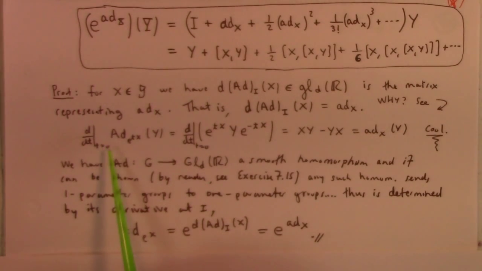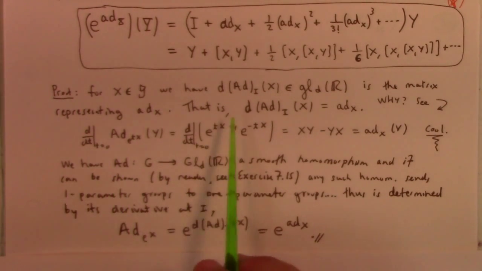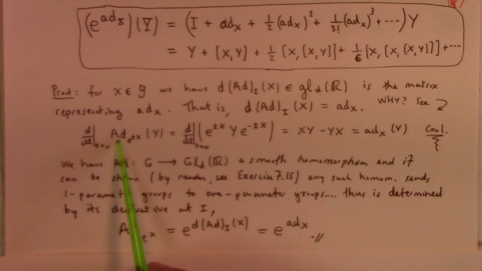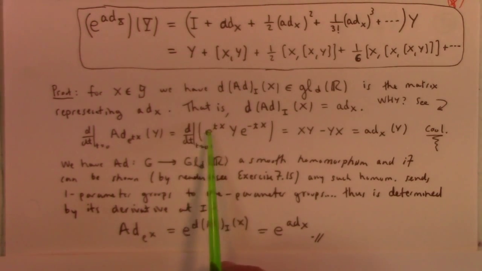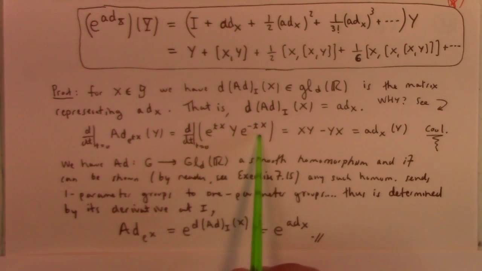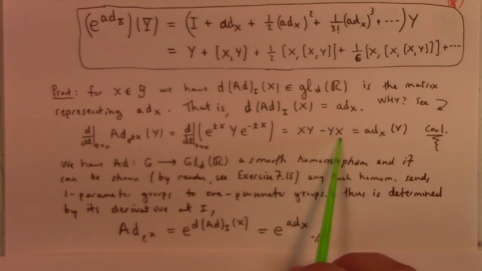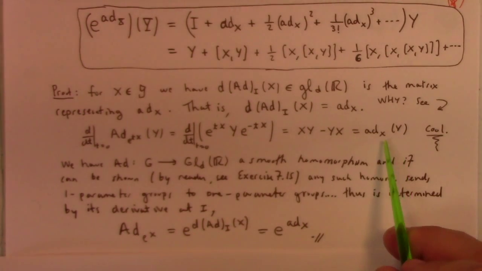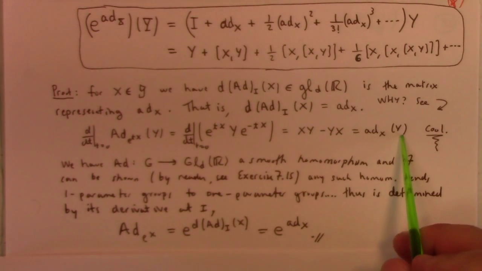So let's see here. I think that's not immediately obvious, so we're going to prove it here. Take the derivative with respect to time at 0. So I look at the big adjoint of e to the tx acting on y, but that's you conjugate by this guy, right? And then product rule and evaluate at 0. That gives me xy minus yx, which is little ad x of y.